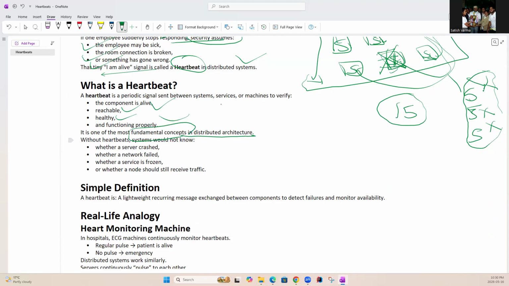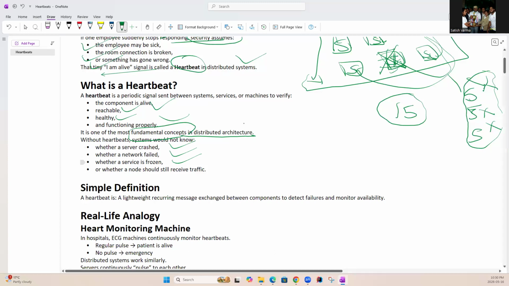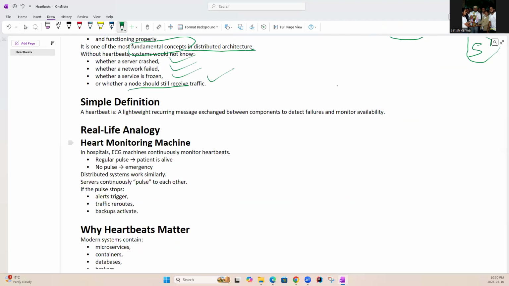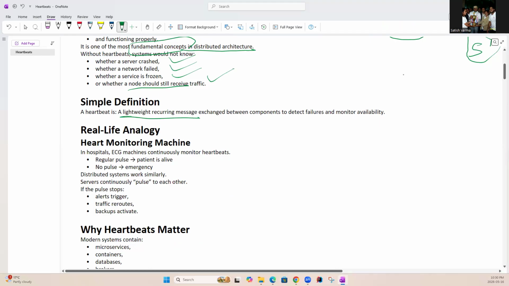Without heartbeat, if a server crashes or fails, we will not know about crashes, network errors, frozen nodes, or whether a node should receive traffic or not. Simple definition: a heartbeat is a lightweight recurring message exchange between components to detect failure and monitor availability.